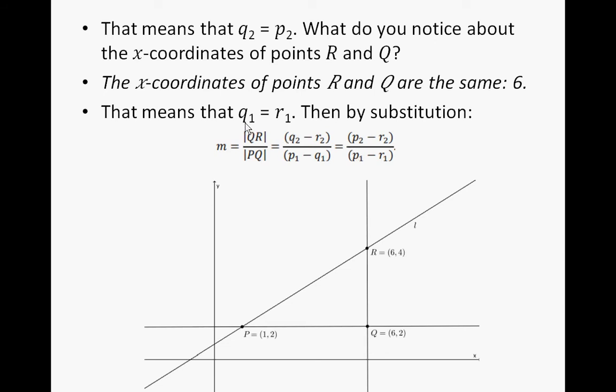We also said that Q sub 1 is equal to R sub 1, so we're going to take Q sub 1 and replace it with R sub 1. So now we have totally gotten rid of any reference to Q by replacing it with R and P.